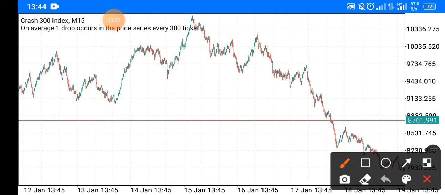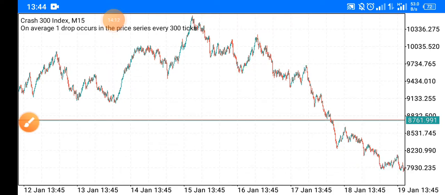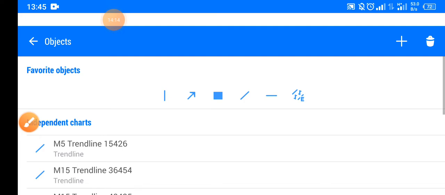And as I had said earlier, it might look as if your resistance or your support isn't respected, but candlesticks may just go a little bit further to break you out. Let me draw a proper line here.